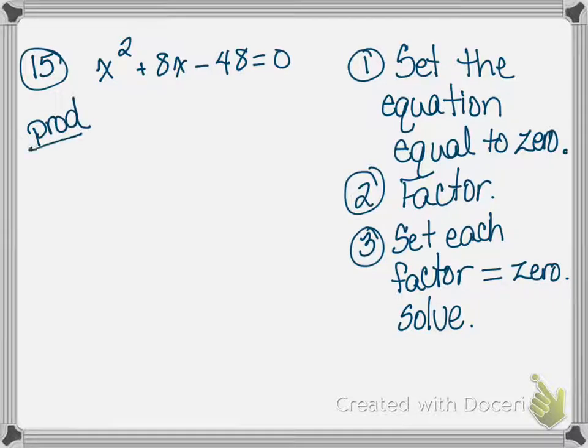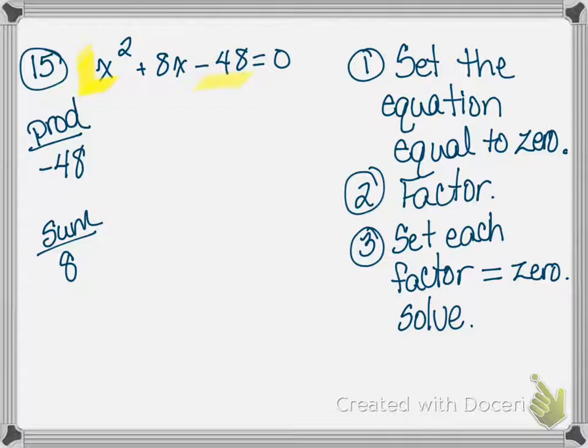Anytime that we have a 1 for our coefficient, this is our product, so it's a little bit more straightforward. So we are looking at negative 48 for our product, and our sum in this situation is positive 8.